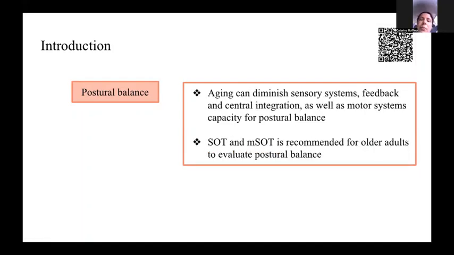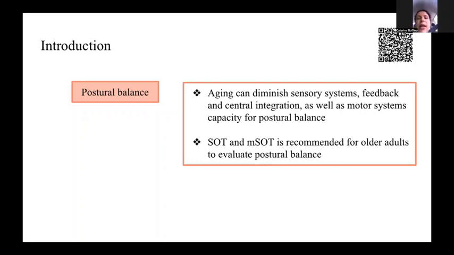We have another problem for postural balance, which is aging. Aging can diminish sensory systems, feedback, and central integration, as well as motor system capacity for postural balance. This is marked by loss of cells and reduction of function of some cells, in particular in the somatosensory system, vestibular system, and visual system.